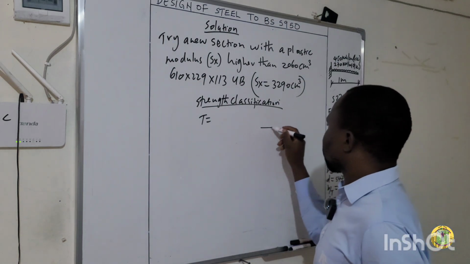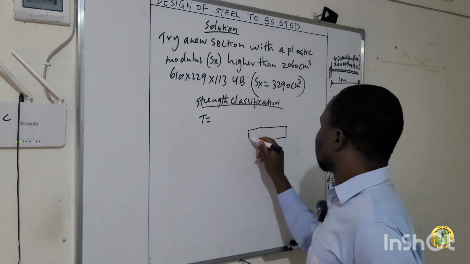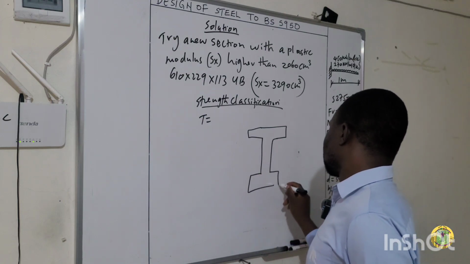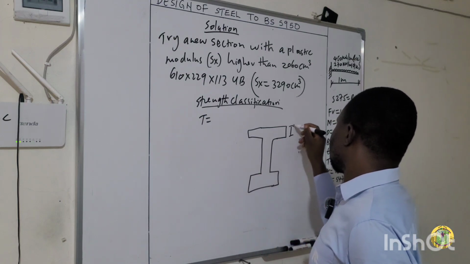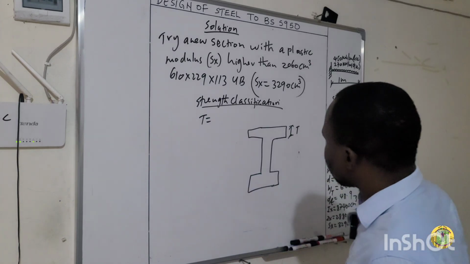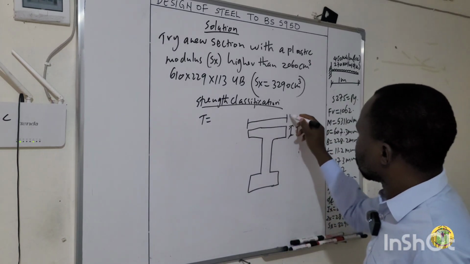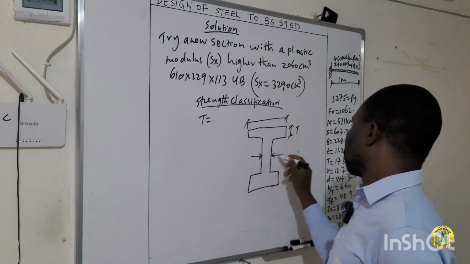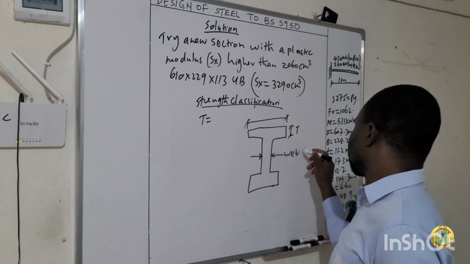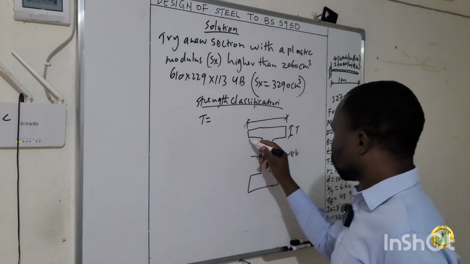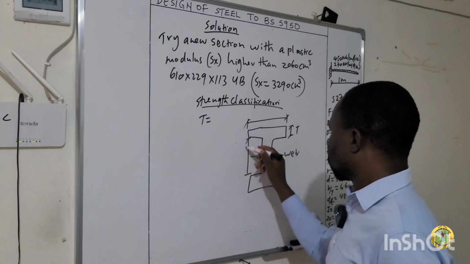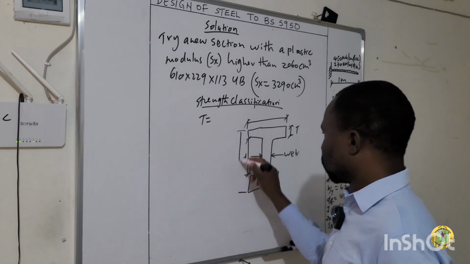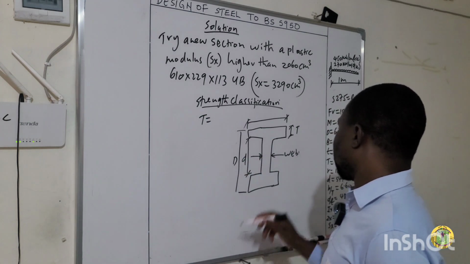If we have a section like this, so this is T, and this is the flange, and this is the web, and this is the small d, and this is the capital D, and this is T.